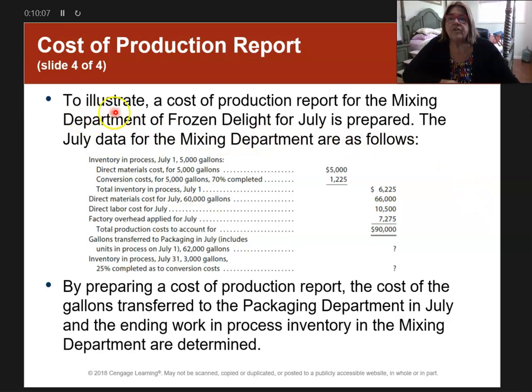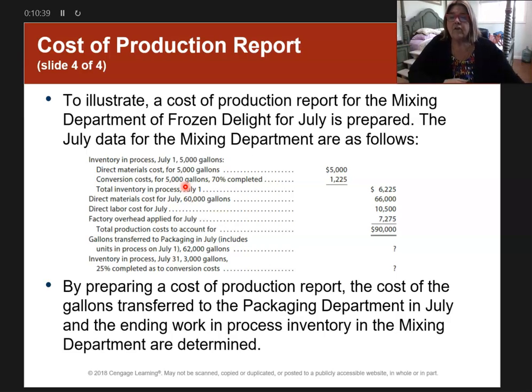So this is an illustration. This is a cost of production report for the mixing department only. If you remember, there were 2 different departments, and this is for the month of July. I have my beginning inventory in process: 5,000 gallons. My direct cost for that 5,000 gallons happens to be $5,000. And conversion costs for 5,000 gallons, which, by the way, are direct labor and factory overhead, are added as I move through WIP.